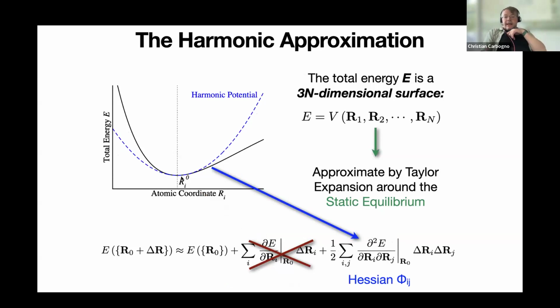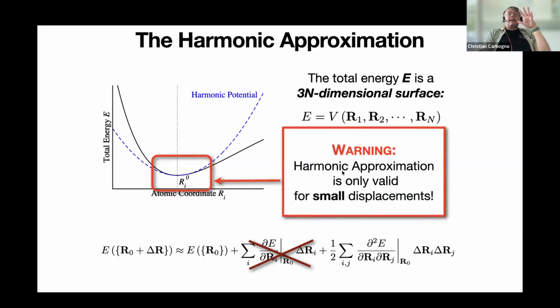You already see that this is quite a good approximation if we are close to equilibrium, but it can become inaccurate if you get quite far away from equilibrium. This is something you have to keep in mind later when we discuss and do these calculations in more detail. So this is just a warning: the harmonic approximation is only valid if we're really close to this equilibrium structure.